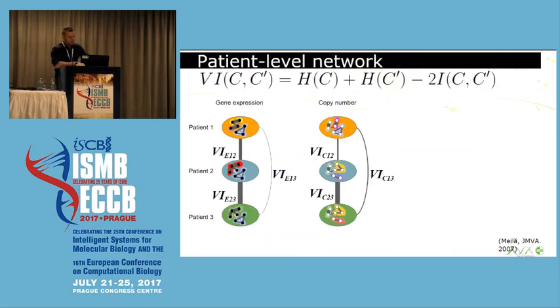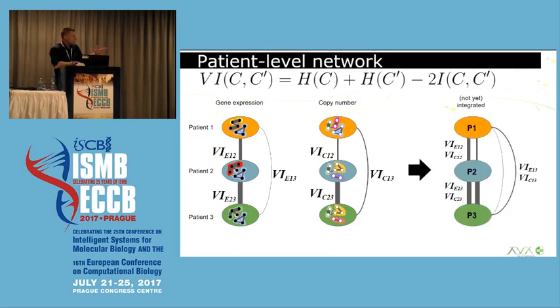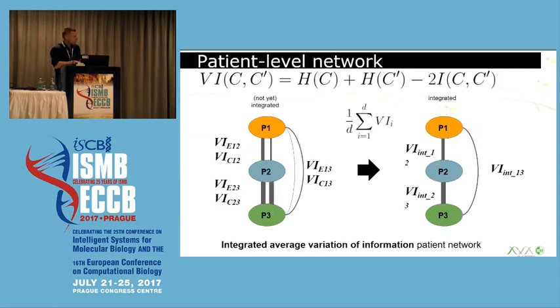And now we can either perform further calculations in this patient-patient network per each data type separately, or as this is basically now a patient-patient network with the edges as a vector of multiple VI values, right, for each data type, we could do some kind of integration.